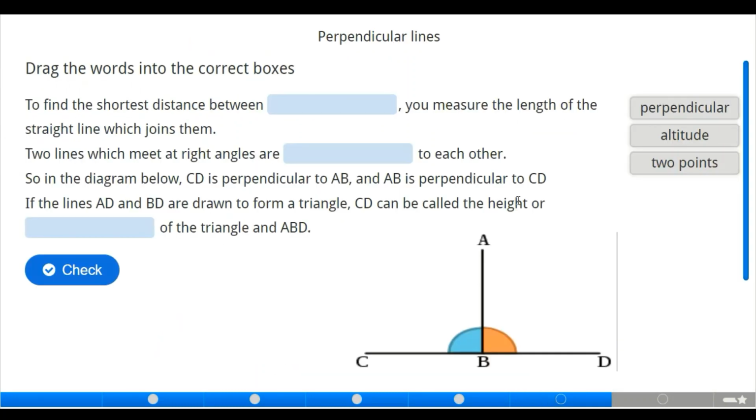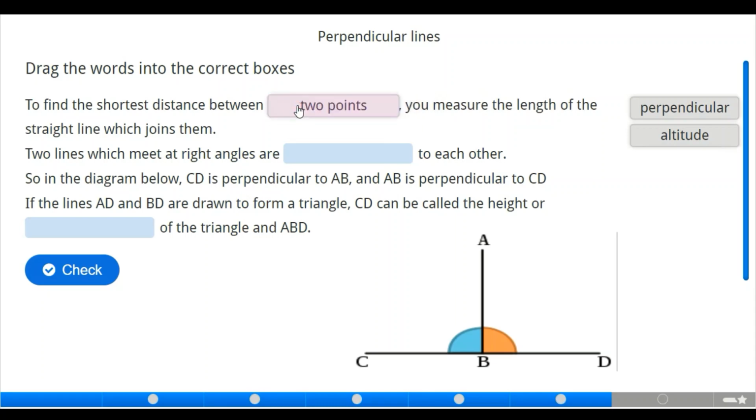Okay, now let's go to lines. The first type of line we want to look at here is the perpendicular line. We have activities here that will give us definitions of a perpendicular line. To find the shortest distance between two points, you measure the length of the straight line that joins them.